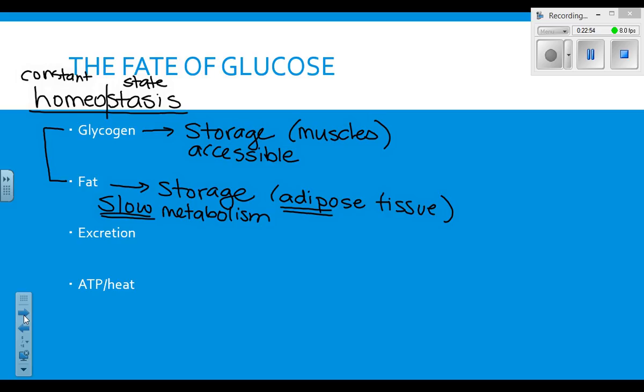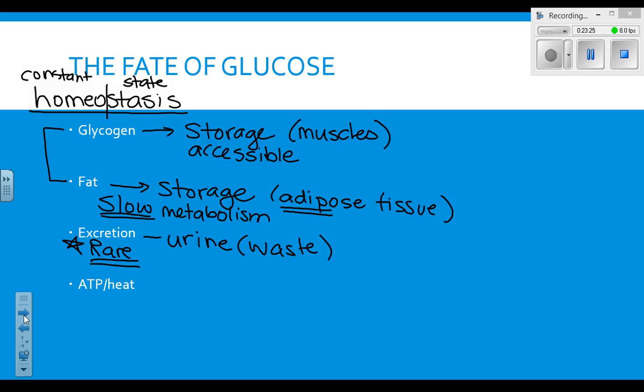Now the next one is excretion, and let me say that this is rare. There are very few circumstances in which you would be excreting, which means that your urine would contain glucose. A diabetic would be my example of a person who would have glucose in their urine. Your urine is a waste product.